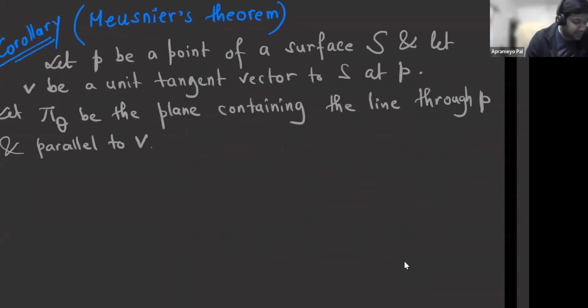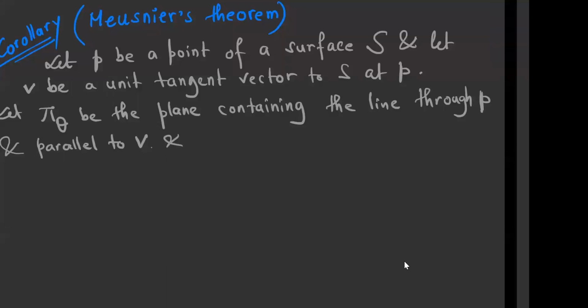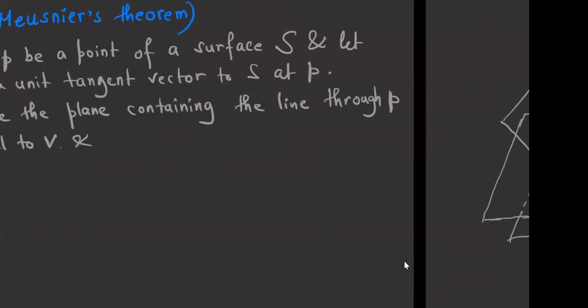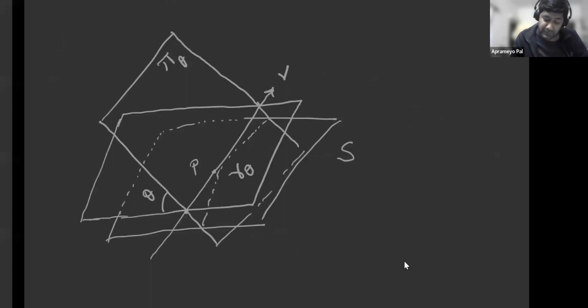Sorry, pi theta passing through V? Why did you mention parallel to V? Oh yeah, that's my drawing error. When I am drawing this, you should think of this as in 3 dimensions.